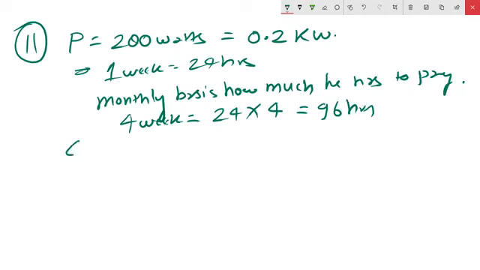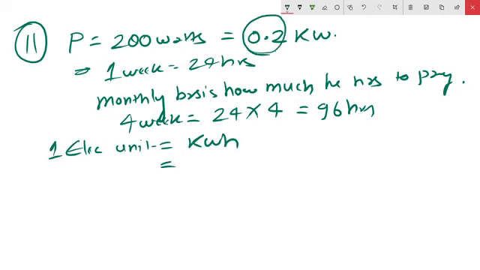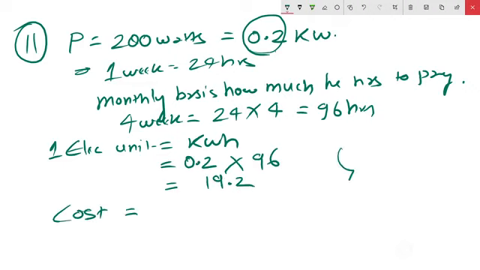One electrical unit is equal to one kilowatt hour. So already you know it is 0.2 kilowatt, and hours is 96. If you multiply these, it will become 19.2. For the cost, for one unit they are taking 5 rupees.